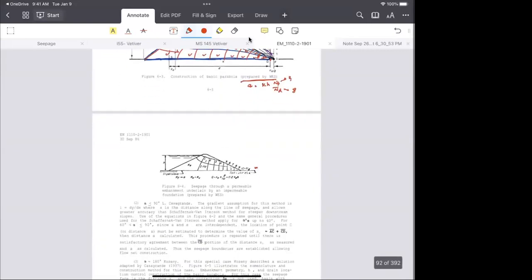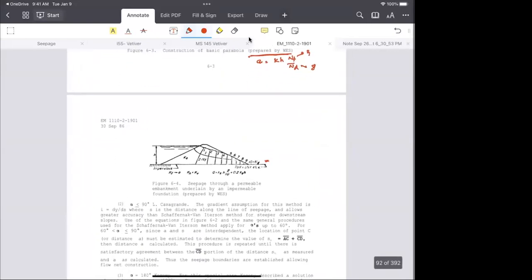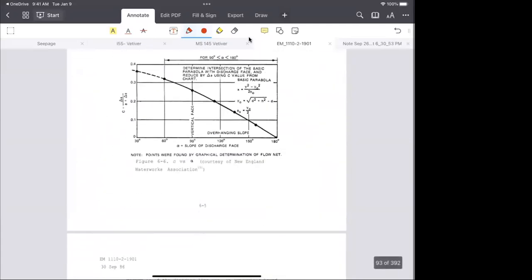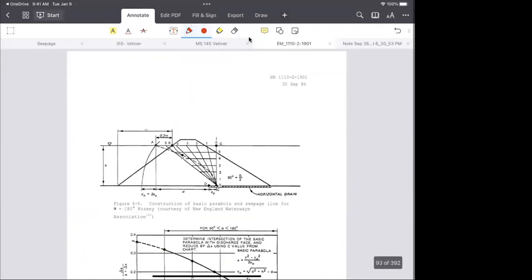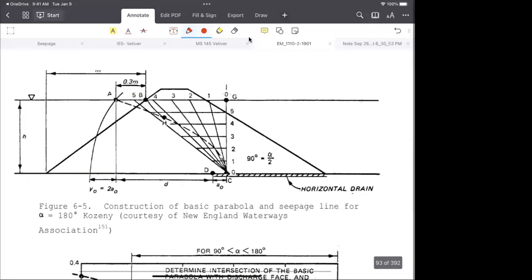So that's our method 1. And then the second one. What happens if you have a horizontal drain?